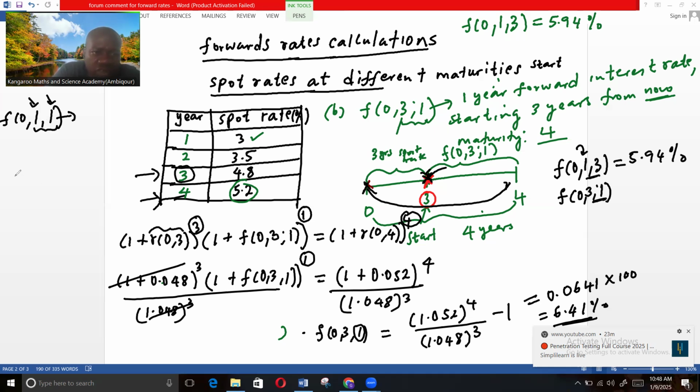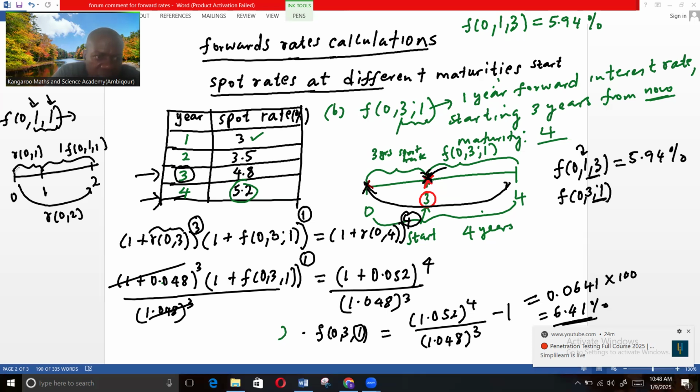If we construct a number line, it would be 0, starting point is 1, maturity is 2. So the forward interest rate would just have a duration of 1 year. From 0 to 1, this is just the spot rate, 1. Then this is what you're looking for, 1 to 2. But from 0 up until 2, this is just a 2-year spot rate.